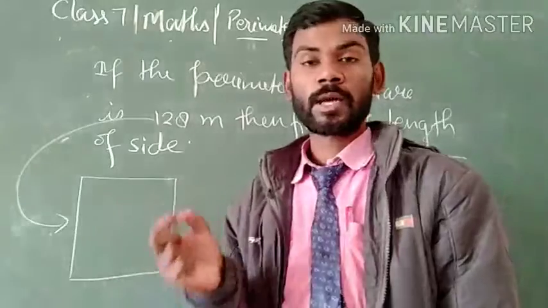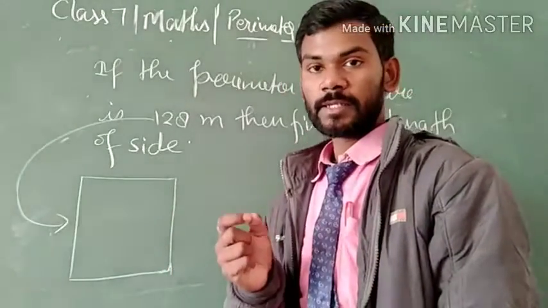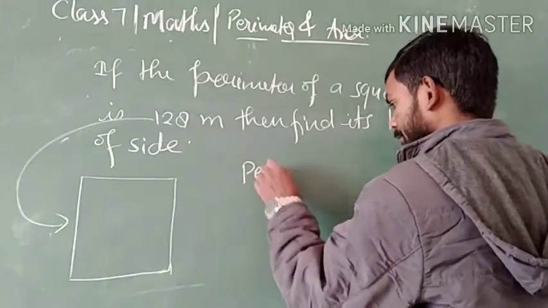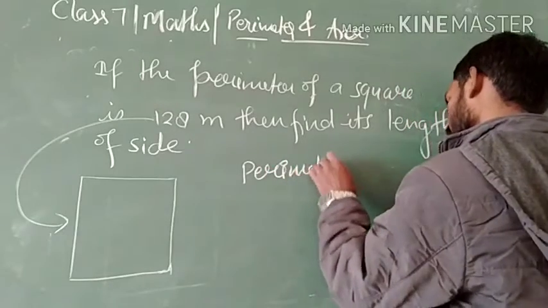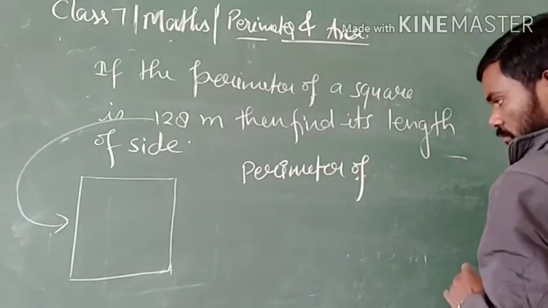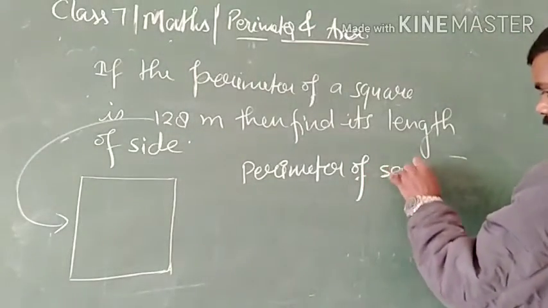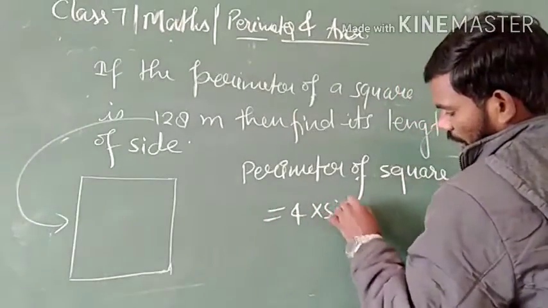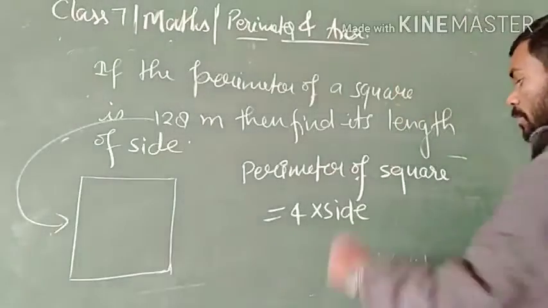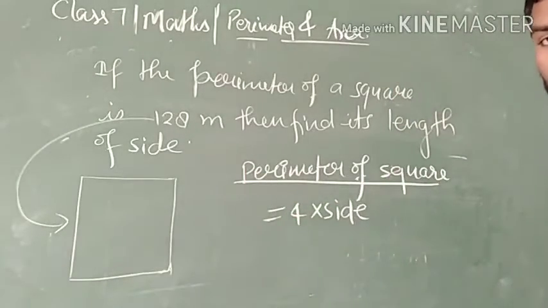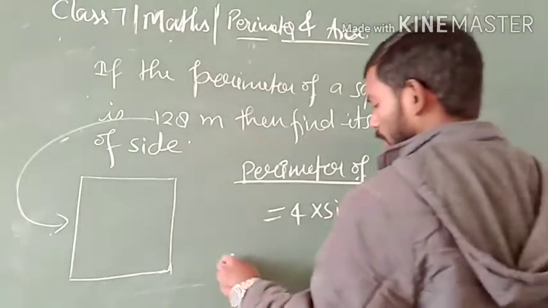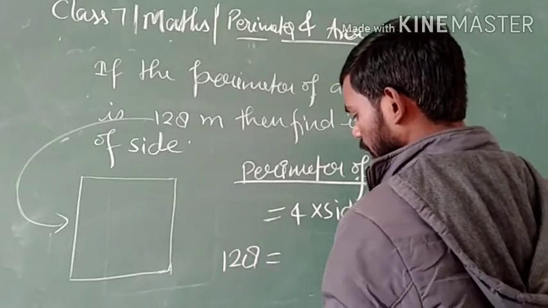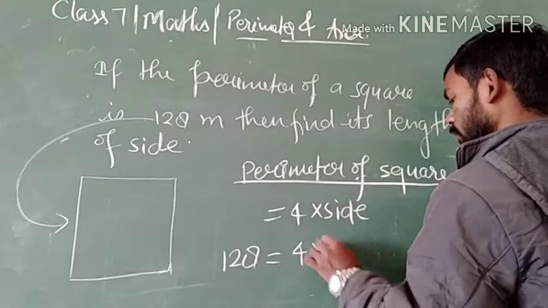So when we find its length, first of all we write perimeter of square is equal to 4 into side. The perimeter is given in the question, so here we write 128, and this will equal 4 times side.